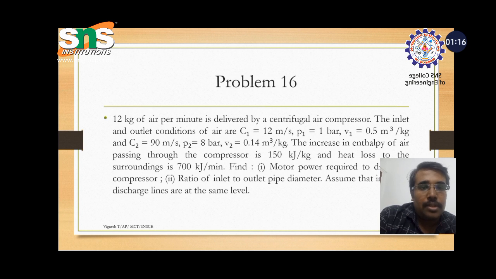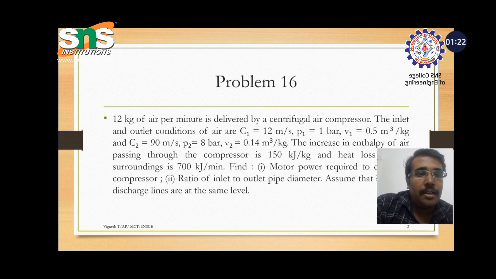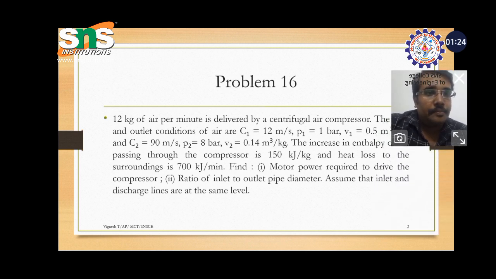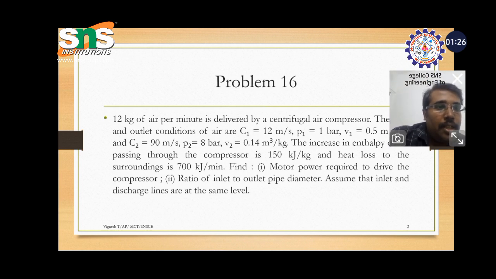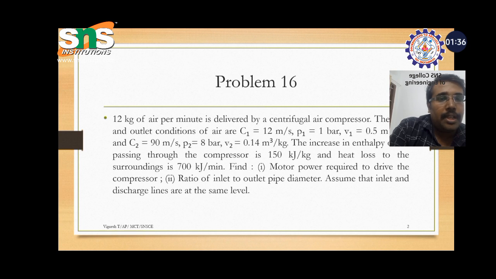So C2 has been given, pressure has been given, specific volume has been given, and the increase in enthalpy of air passing through the compressor is 150 kilojoule per kg, and heat loss to the surroundings is 700 kilojoule per minute. So what we need to find out is the motor power required to drive the compressor.